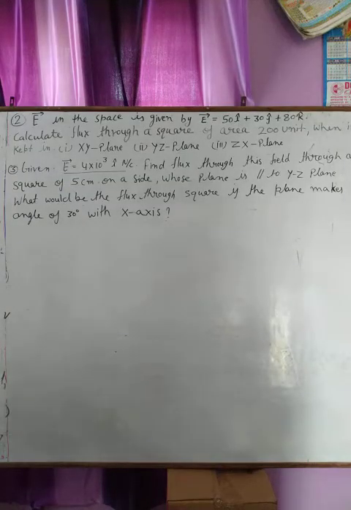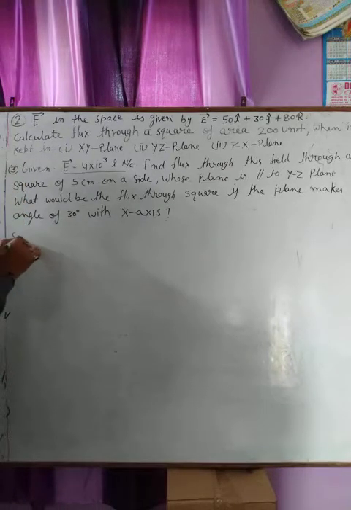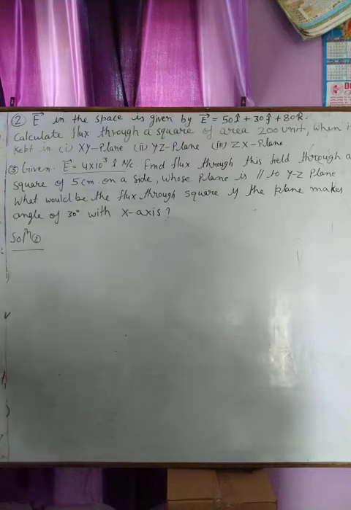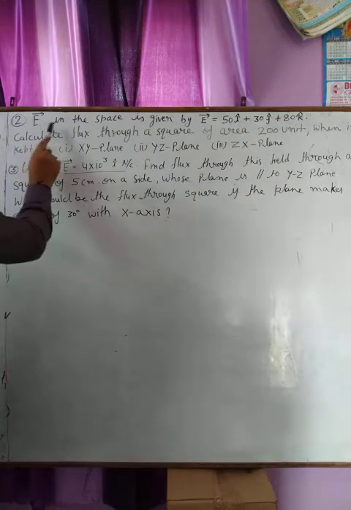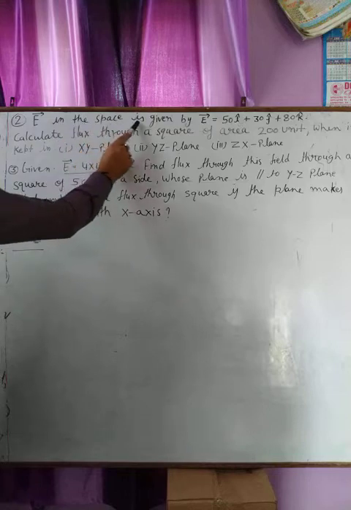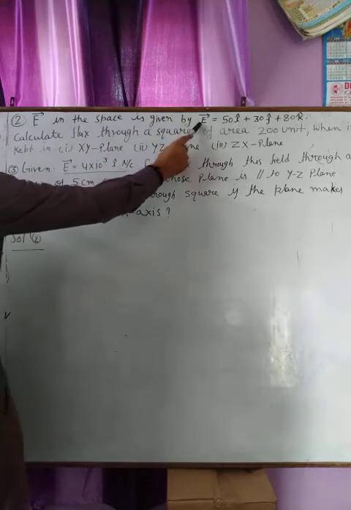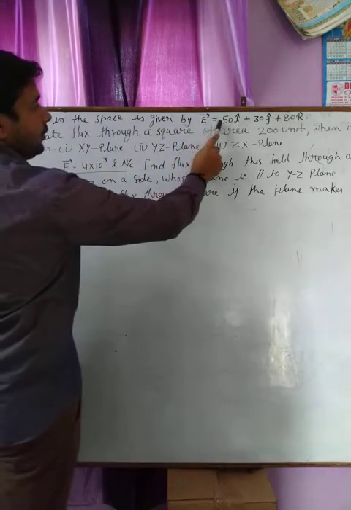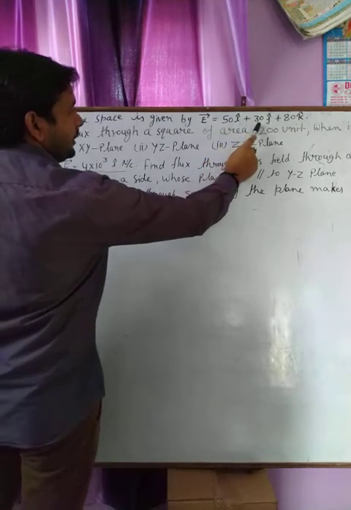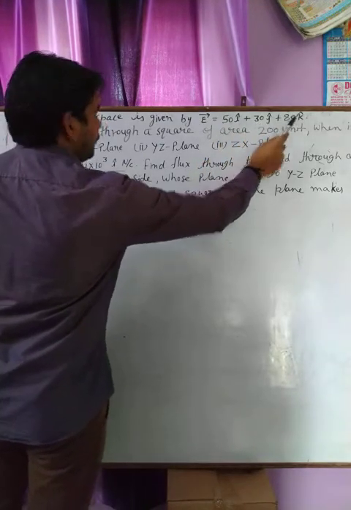Now student, we have another 2 problems. That is, first, solution number 2. This problem is: the electric field in the space is given by vector E equal to 50 i cap, 30 j cap and 20 k cap.